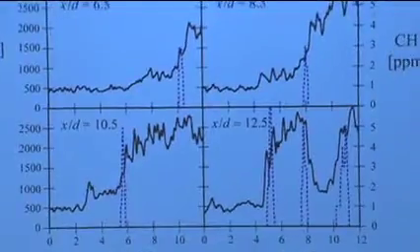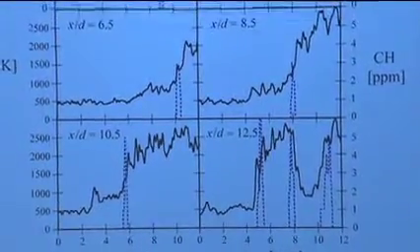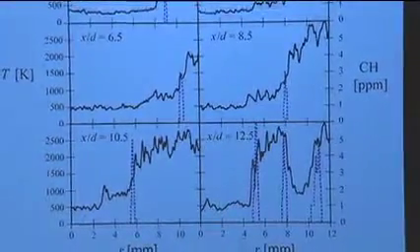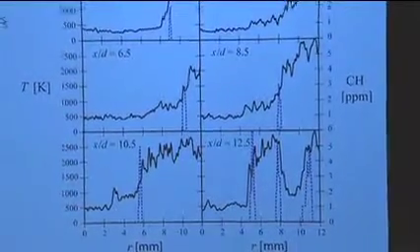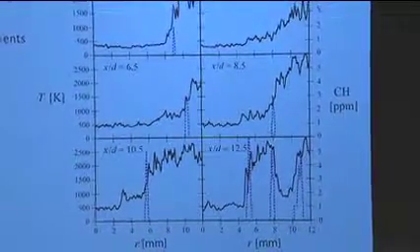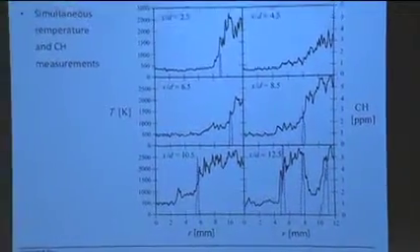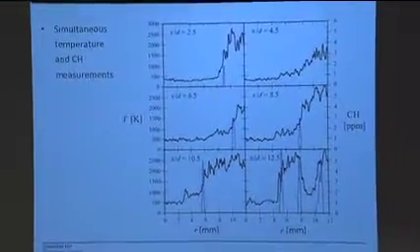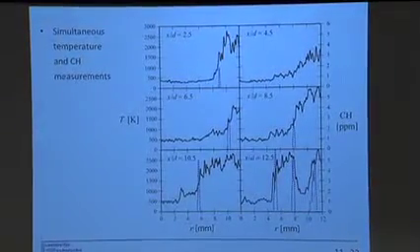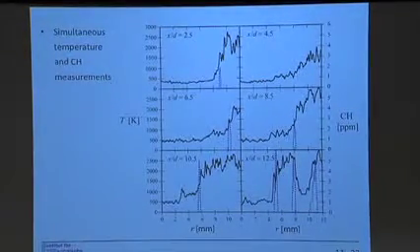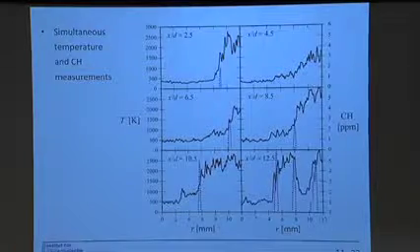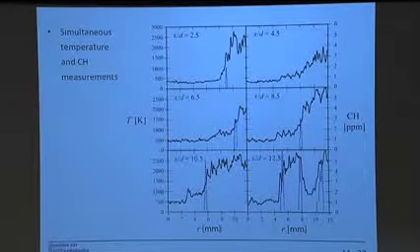We said the CH radical is usually a pretty good marker for where the reaction zone is. And what you see here is that the CH always appears in a single line, okay? Which shows you that the reaction zone here is still thin, and you don't see CH going like this. It's always one layer, which shows you that the reaction zone here is undisturbed by the turbulence.